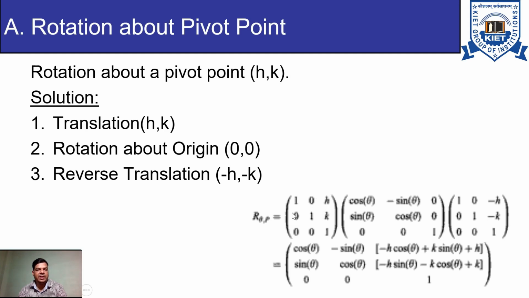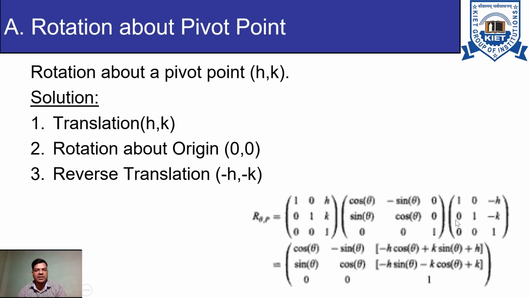Here you can see that the pivot point is shifted towards the origin, which is a translation, so we apply the translation matrix 1, 0, tx, where the value of tx is h, then 0, 1, ty, where the value of ty is k, and 0, 0, 1. Then we perform the rotation about the origin, that is cos theta, minus sin theta, 0, sin theta, cos theta, 0 and 0, 0, 1. Finally we perform the reverse translation, in which tx is minus h and ty is minus k.